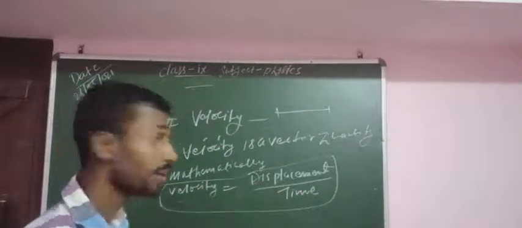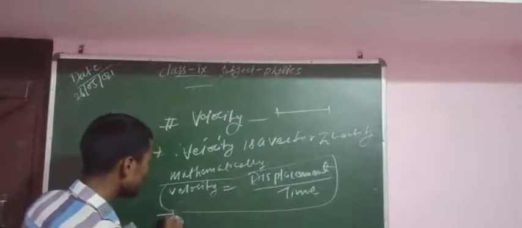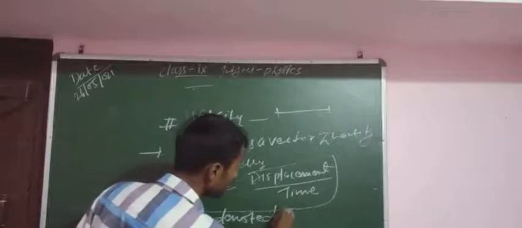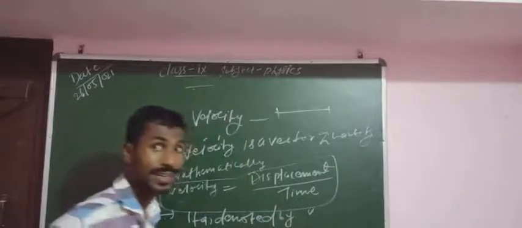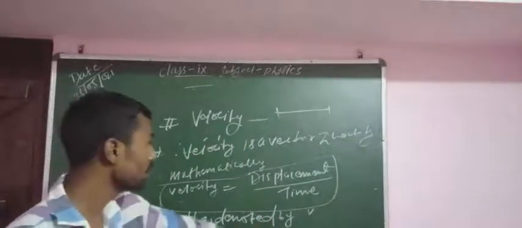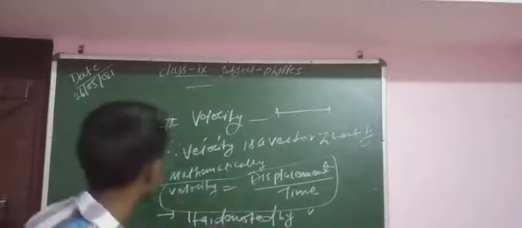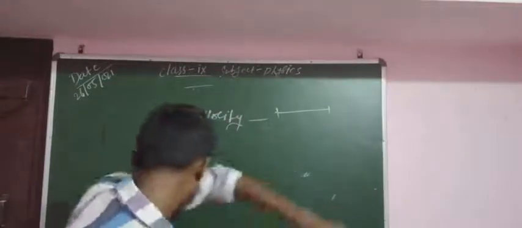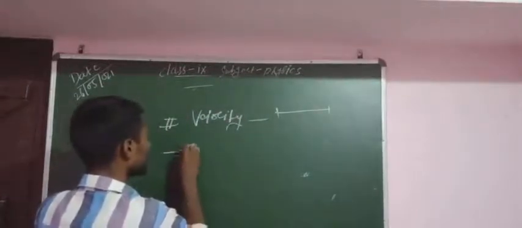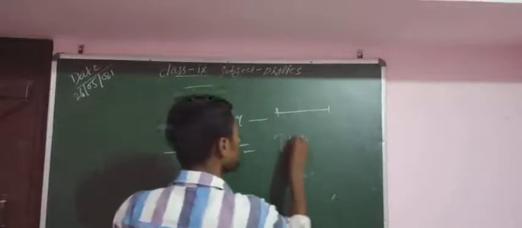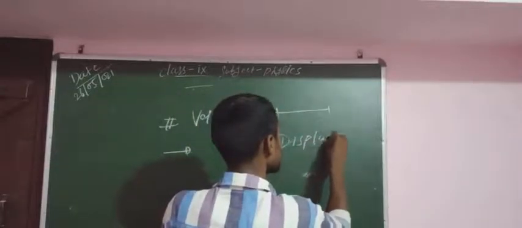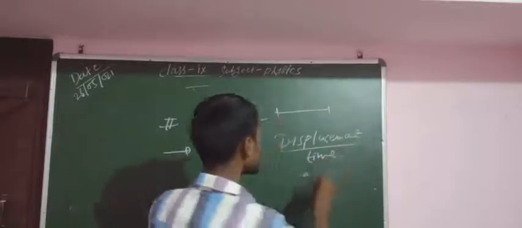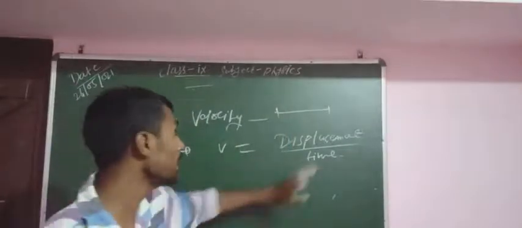Velocity is denoted by v. So v will be equal to displacement by time.